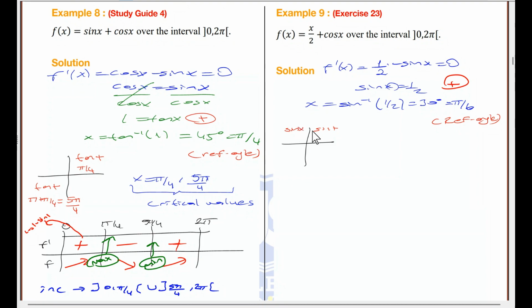In the first region, pi over 6 is the original angle, which is the same as the reference angle. In the second region, it's the second quadrant, it's pi minus the reference angle, which is 6 minus 1, 5 pi over 6.